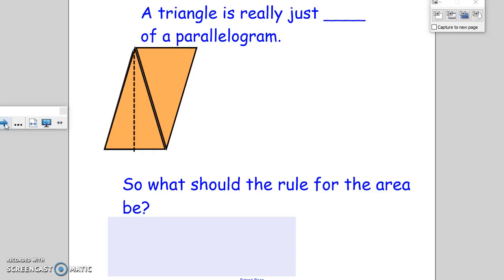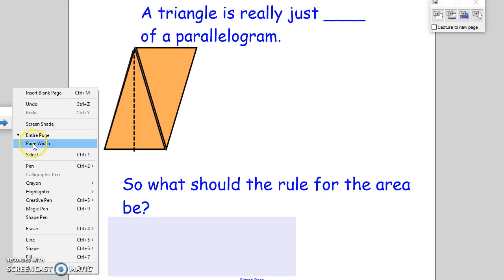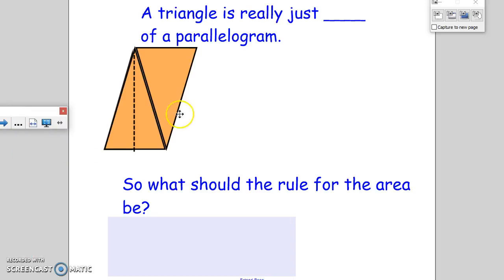And we came up with a rule for parallelograms: base times height, right? This whole orange thing is base times this height, right? Which we deduced yesterday. It happens to be that because the triangle has a relationship to the parallelogram, we can use the same rule.